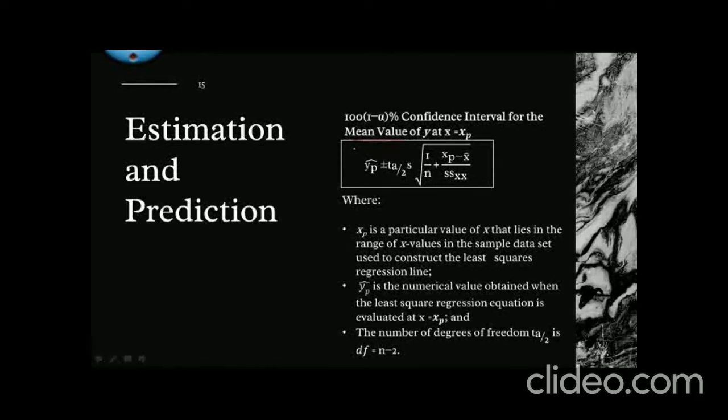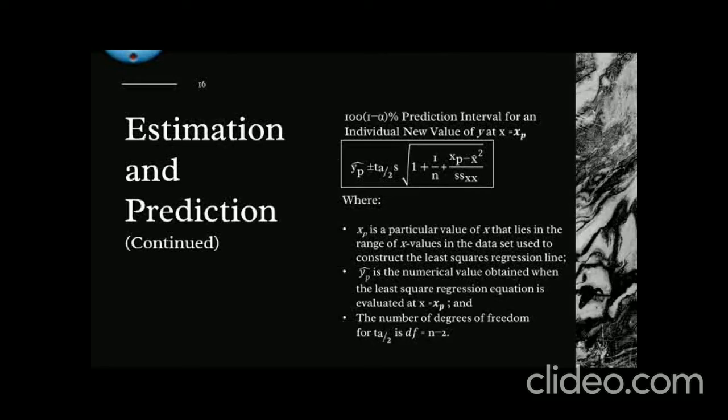As you can see here, the formula is yp hat plus or minus t alpha over 2 multiplied by s times the square root of 1 over n plus (xp minus x bar) squared over SSxx, where xp is a particular value of x that lies in the range of x values in the sample dataset used to construct the least square regression line, and yp hat is the numerical value obtained when the least square regression equation is evaluated at x equal to xp, and the number of degrees of freedom for t alpha over 2 is df equal to n minus 2.